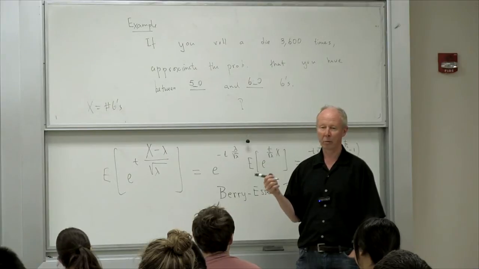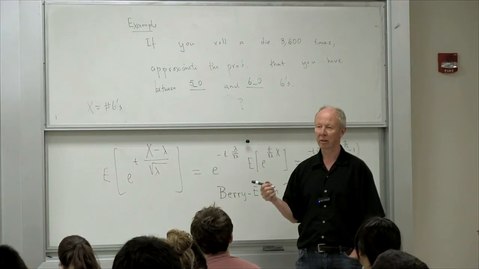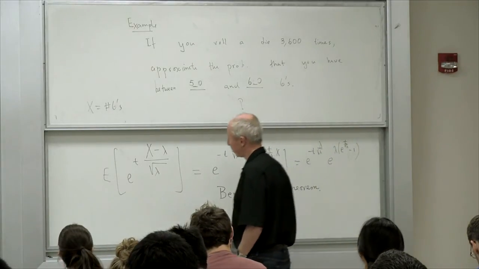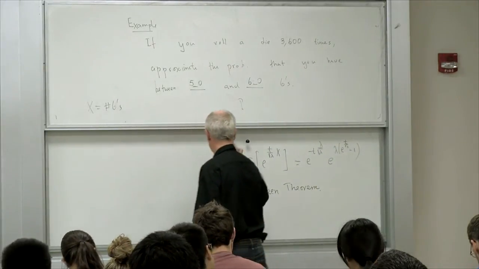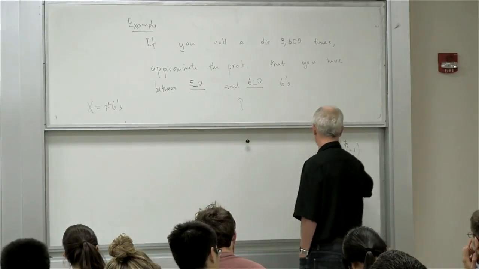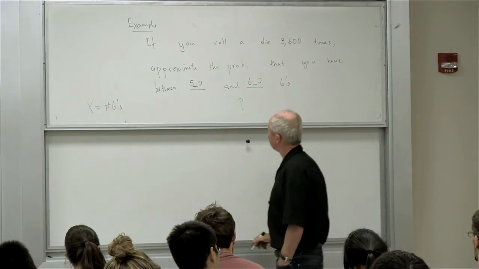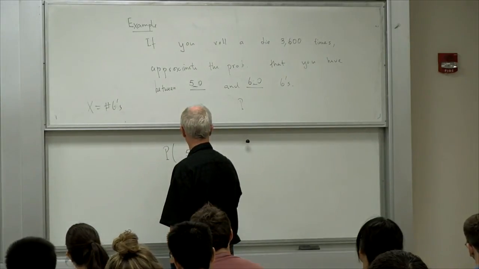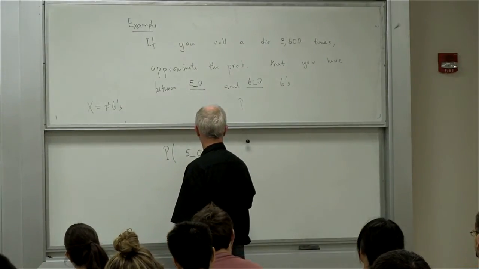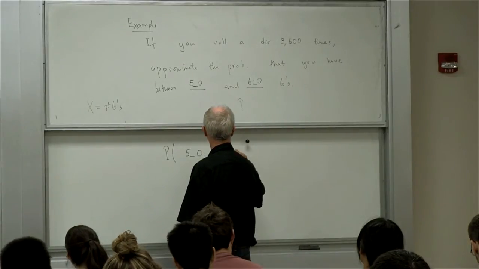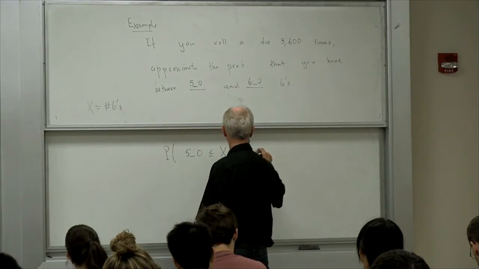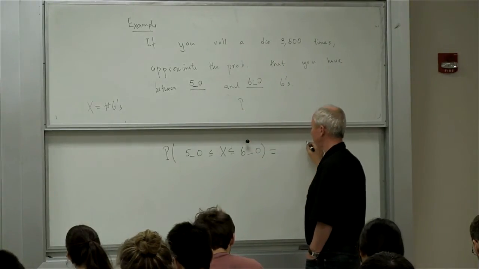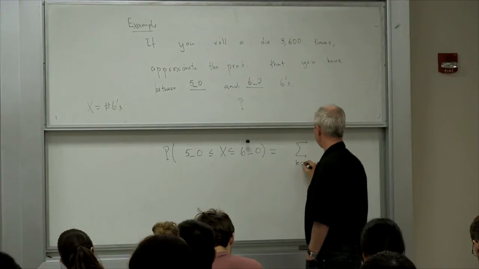So it's a binomial random variable with parameters 3,600 and 1/6. And we want to know what this is equal to. Well, we could write down the probability explicitly.